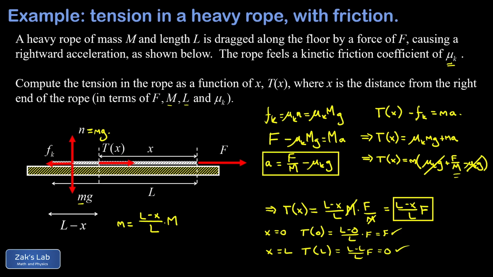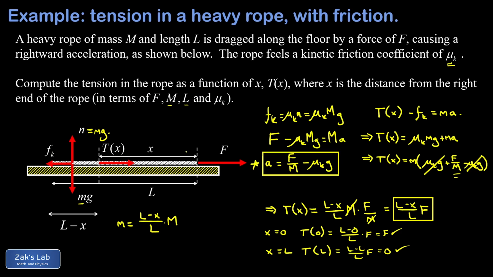But it's still a little mysterious why the kinetic friction coefficient completely canceled out of the problem. So there's a couple points about this that I want to make. First of all, I notice in our acceleration equation that the acceleration is F over big M minus mu k g. This means the bigger the kinetic friction coefficient gets, the smaller the acceleration gets.